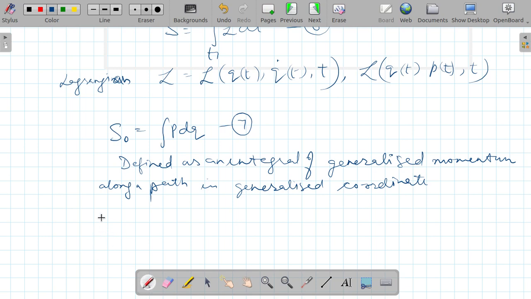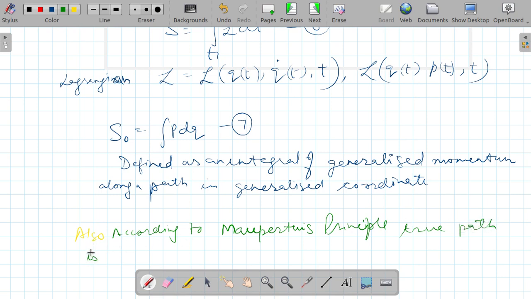And also, according to Maupertuis's principle, the true path is a path for which S naught is stationary, right?